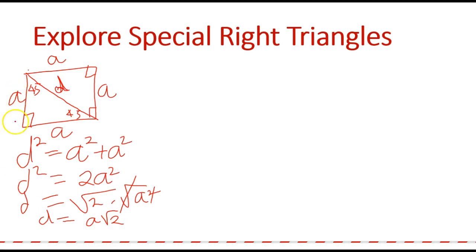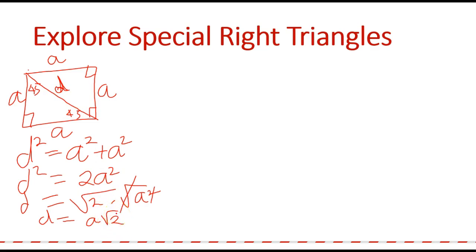Whatever we have for the two legs, we multiply that by square root of 2, and we get the diagonal, which is the hypotenuse. So in any isosceles right triangle, which we call a 45-45-90 triangle, the hypotenuse is always square root of 2 times the leg.